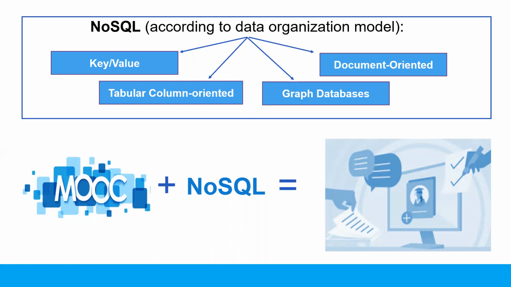There is currently no clearly defined classification of these databases. Most researchers agree that all NoSQL databases can be divided into 4 groups according to the data organization model: key-value, tabular column-oriented, document-oriented, and graph databases.